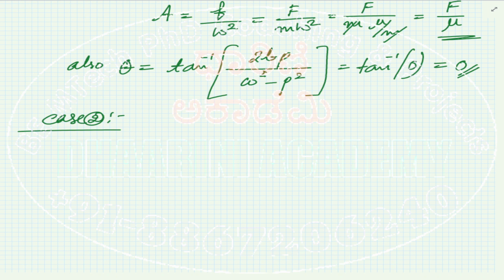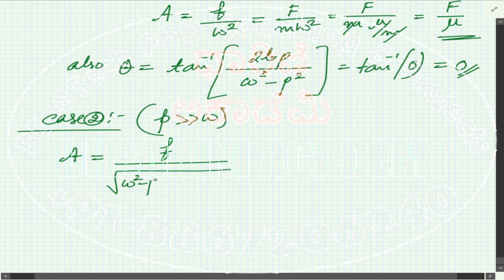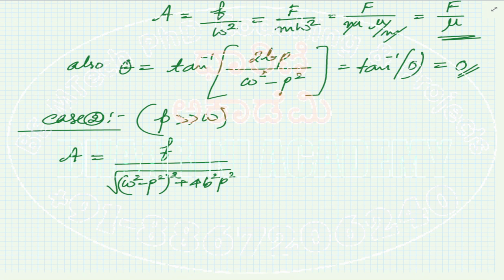So in this case, we will consider that the applied frequency is very high, that is the p value is much greater than omega. Once again, we'll start with the amplitude, that is A is equal to F divided by square root of omega square minus p square, the whole square, plus 4 b square into p square. Now omega is neglected, you can simply take minus p square the whole square.